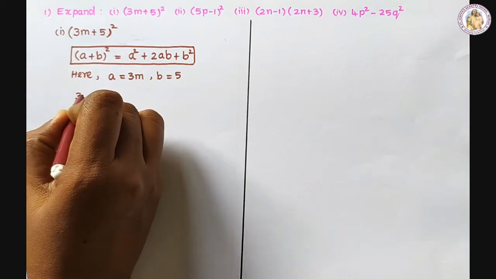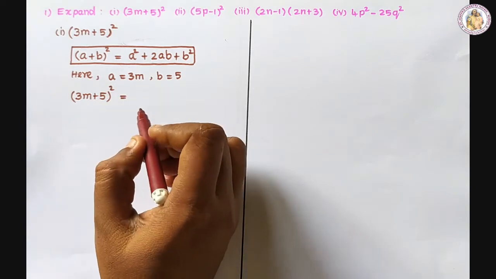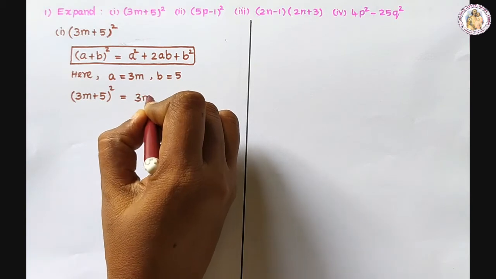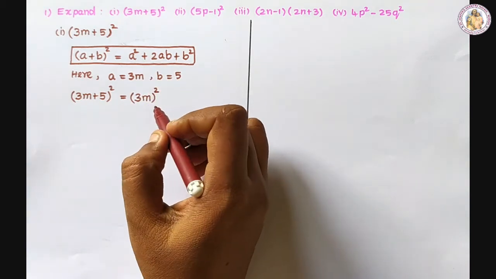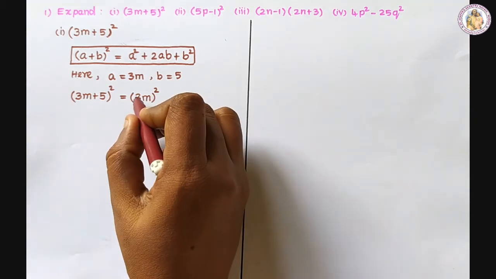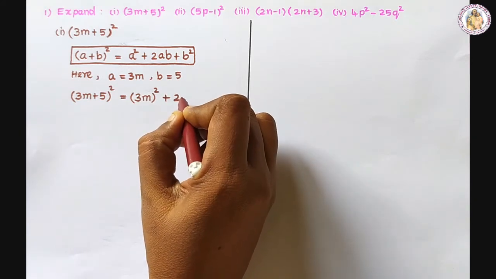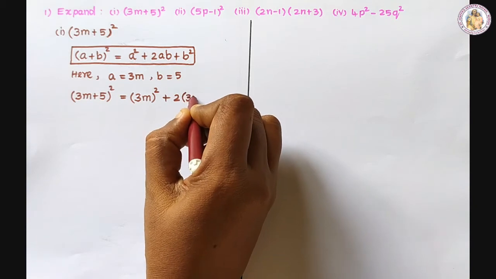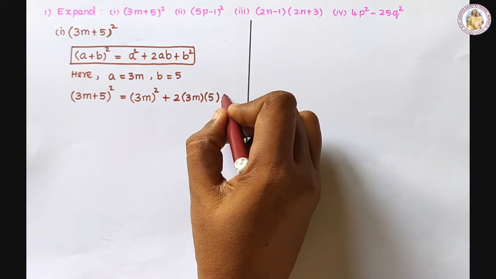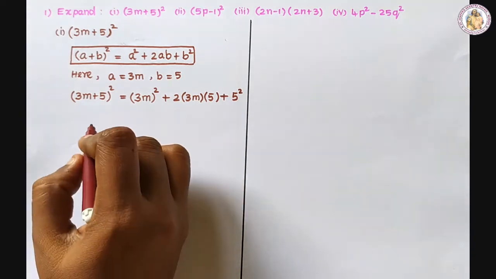Now 3m plus 5 whole squared equal to a squared means 3m squared, squared for 3 and m also, so write this in bracket, plus 2 into a, which is 3m, and b is 5, plus b squared means 5 squared.